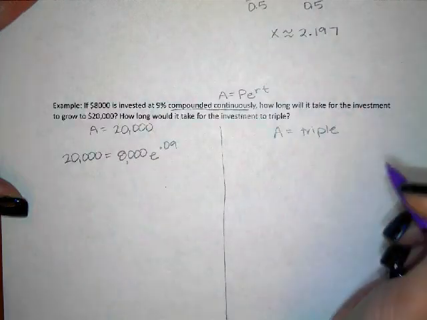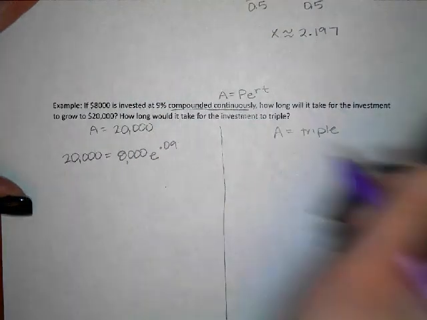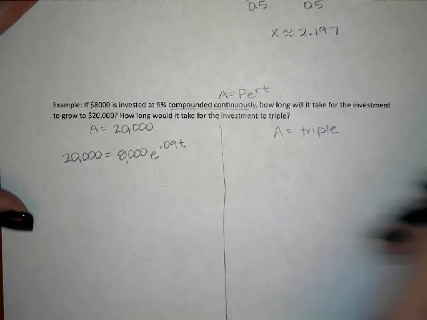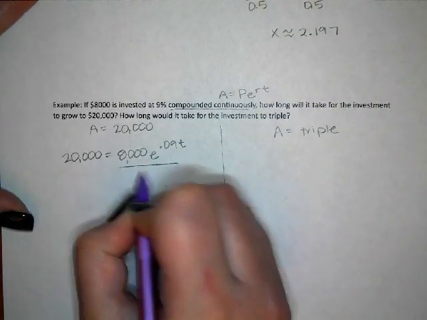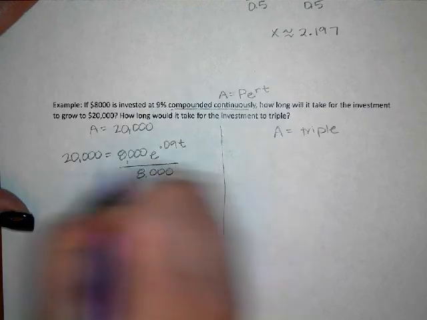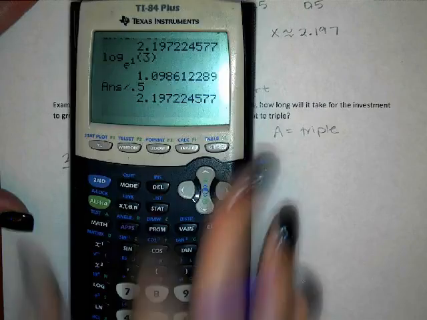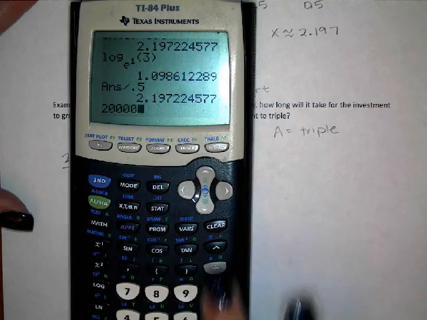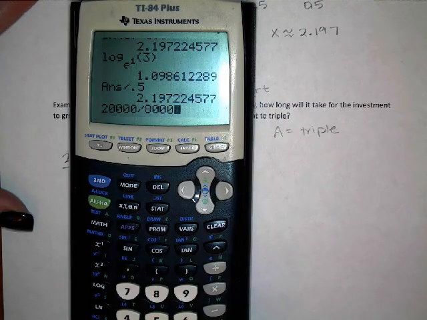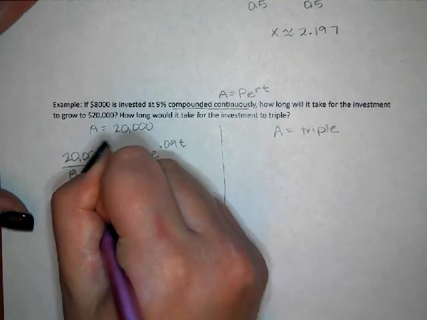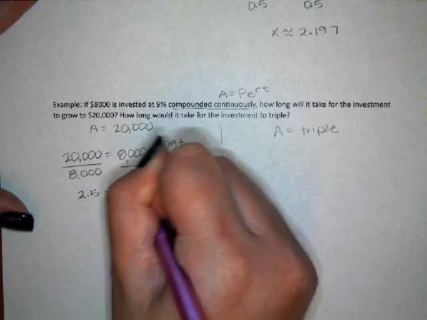So to solve this problem, we're just going to divide by 8,000. 2.5 equals e to the 0.09t. To get rid of the e, I'm going to log base e both sides.